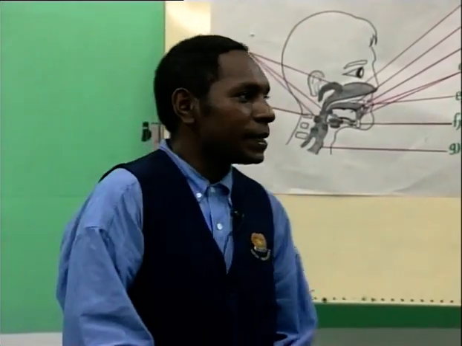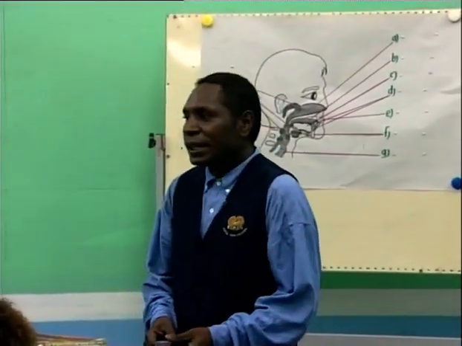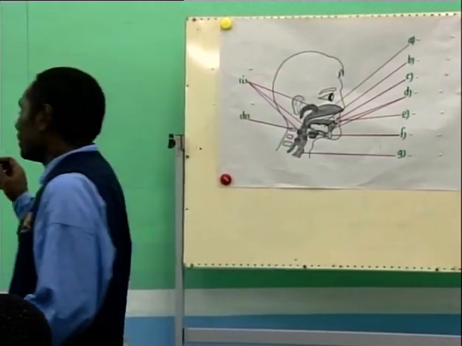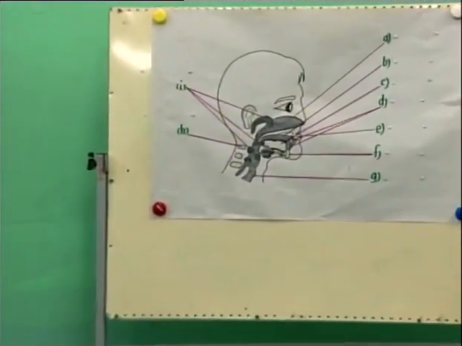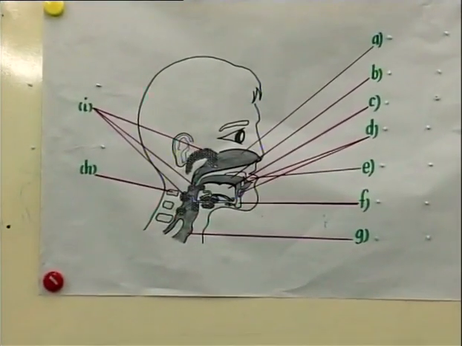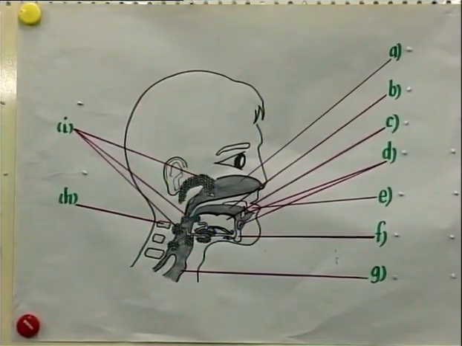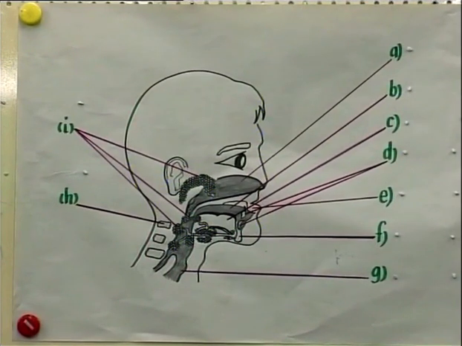Now we will go and place them on the diagram of the head on the chart there at the whiteboard we have. So some of our friends will be coming up to place them there under each of those headings there.